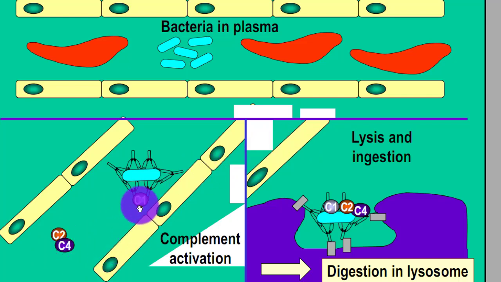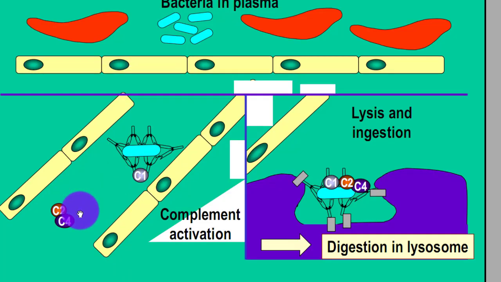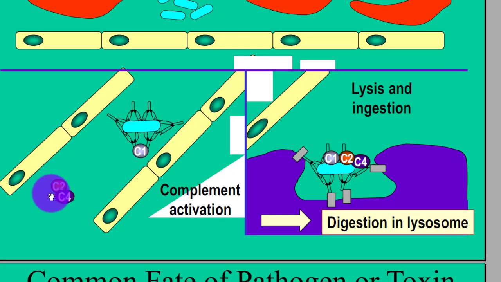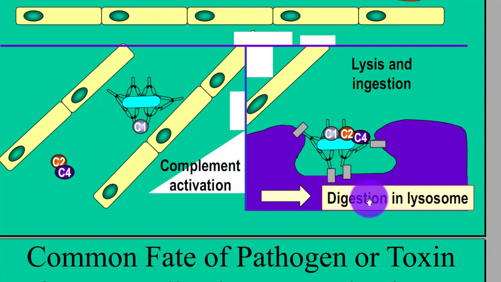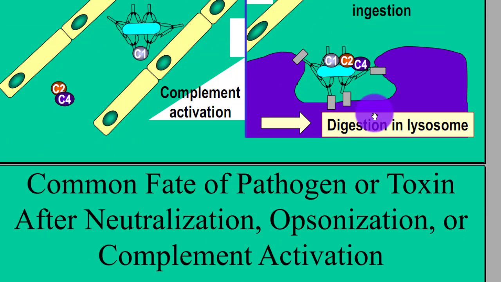C1 appears; these are proteins, types of proteins inside the blood, activated by the presence of toxins or any bacteria, and the cascade continues. C2 appears, C4 appears, and this complex leads to digestion in the lysosome, lysis and ingestion.